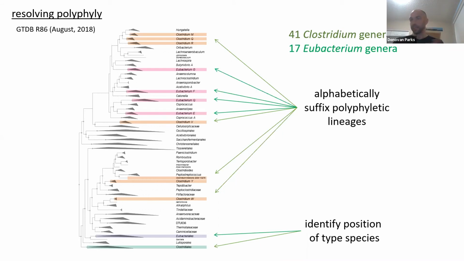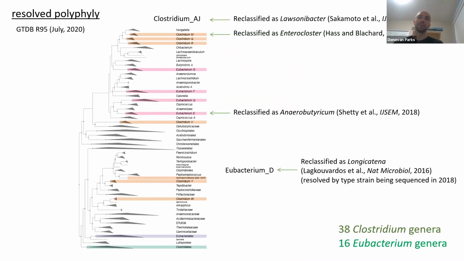Ideally, we're just giving these placeholder names with the idea that the community will independently verify these results and formally put forth actual Latin names that get validated under the prokaryotic code. Sorry, I should go back here and say, this was the view of the GTDB back in 2018, and this is the view in 2020, where I wanted to show that this process is taking place.